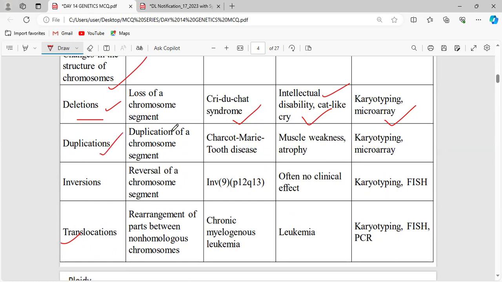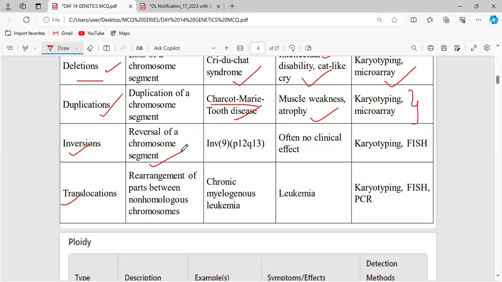In duplication, if a particular segment of a chromosome is duplicated, it comes under duplication. Charcot-Marie-Tooth disease results from duplication, causing muscle weakness and atrophy. Once again, karyotyping and microarray are the detection methods. Inversion is a reversal of a chromosomal segment.